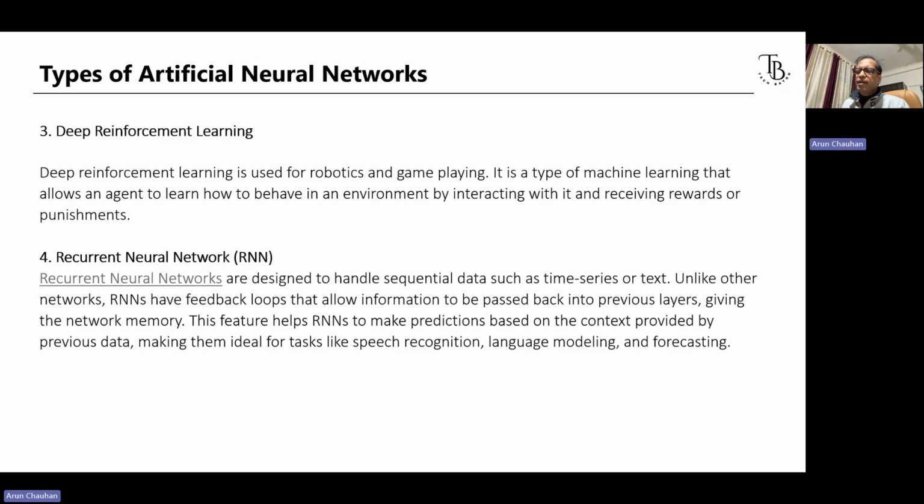Then we have recurrent neural network, which you use when dealing with sequential data. For example, if you are given a sentence, "I am learning AI", and you are using RNN, the data will be passed sequentially. It will pick up the first word, the second word, and do some kind of predictions. It will try to make meaning out of it and do summarization.